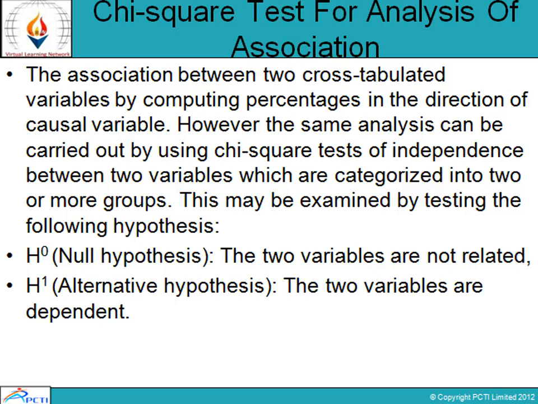Now they could be examined by null hypothesis. When we talk about the null hypothesis, the two variables are not related to each other. Another is the alternate hypothesis, where there is a dependence of the two variables.